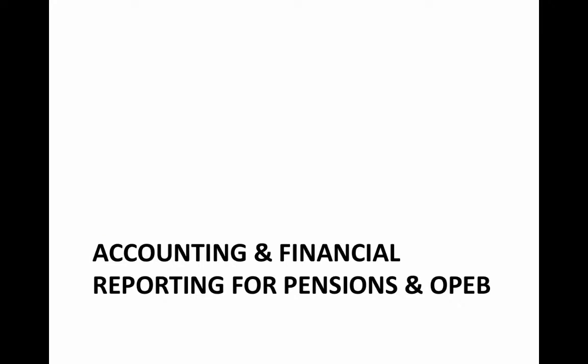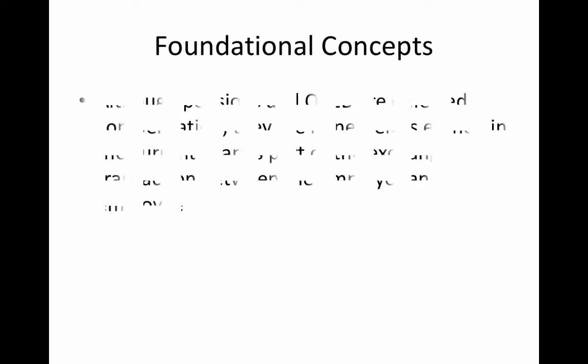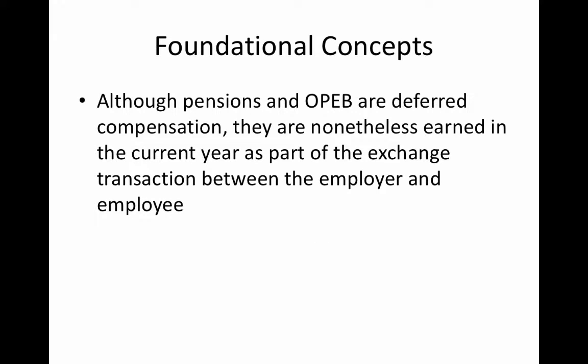So let's turn now and look at what the new pension and OPEB standards require governments to do in terms of measuring the obligation and cost of their benefits and what they're required to report in their audited financial statements, notes, and supporting information. It's important to note the way that the board, the GASB members, looked at pensions and OPEB traditionally.